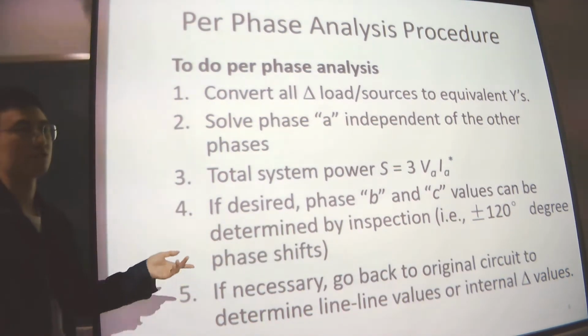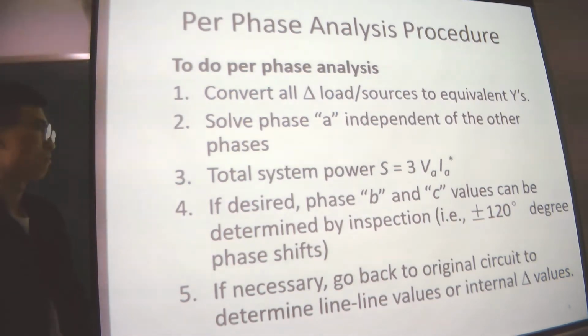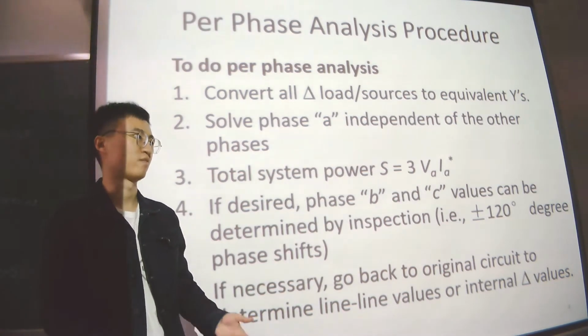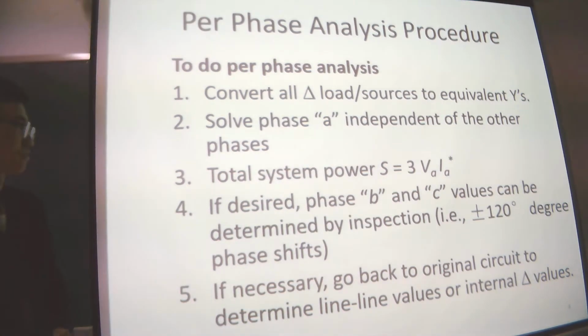If your answer is exactly 120 degrees, then your program gives an absolutely correct answer, right? Okay, the final step is to use the original circuit to determine the unknown values or the internal values.